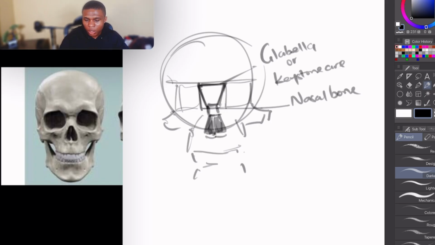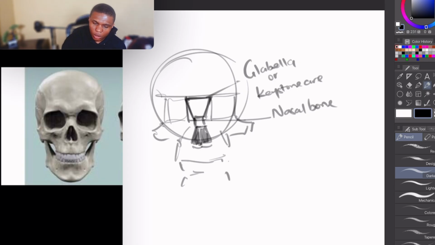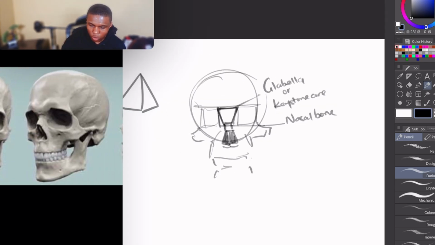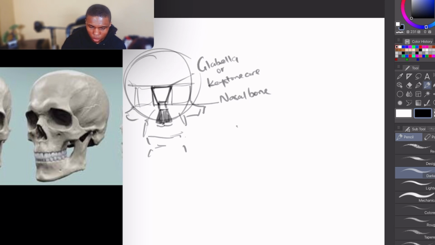But this basic shape is very important, and you have to try and also draw it from a three-quarter view as well, so that you get how it looks. It's not the complete nose. It's just a part of the nose.